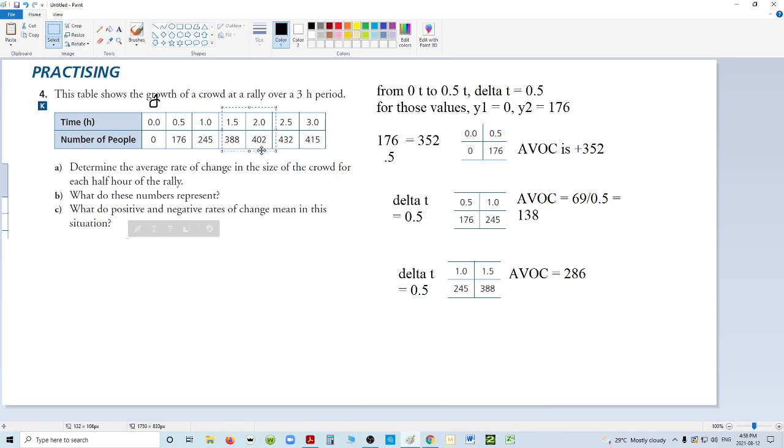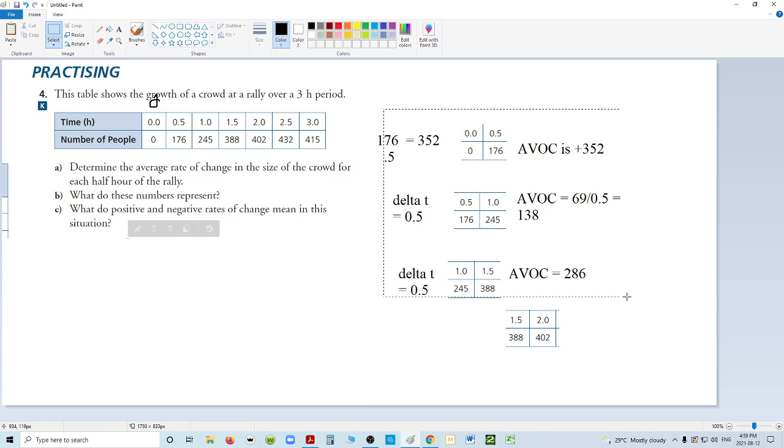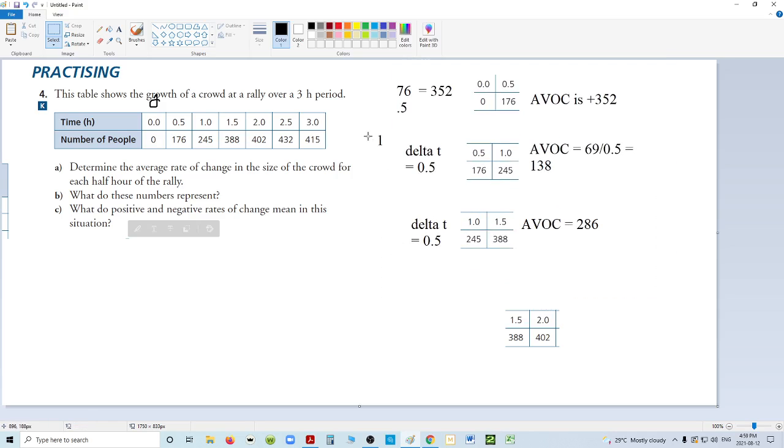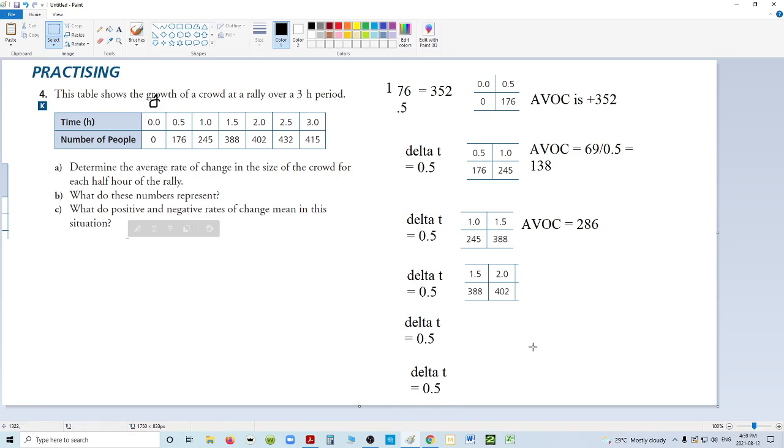Really, the big change comes when the peak of the crowd stops. So I'm going to get rid of this, because I think you're following along so far. I'm just going to move it up. And we'll keep in mind that the delta t time difference is always 0.5 in these examples, and the next one and the next one.